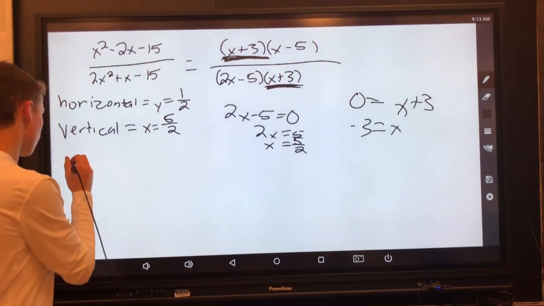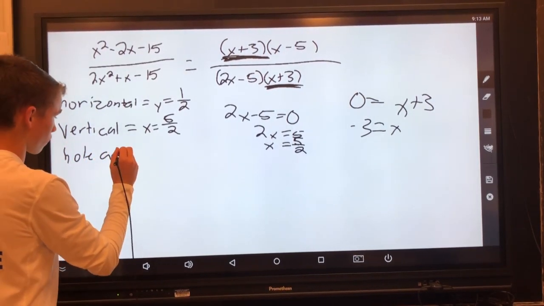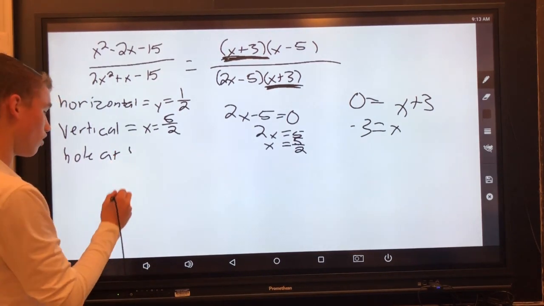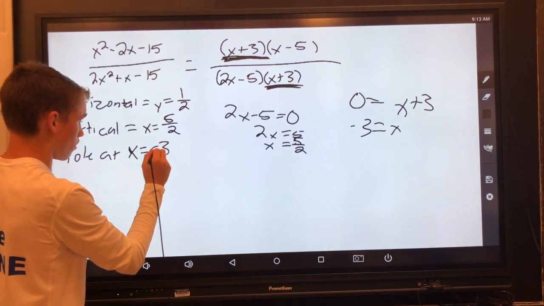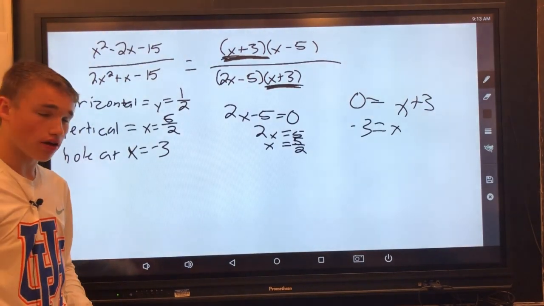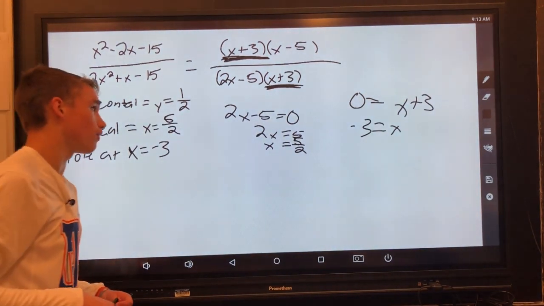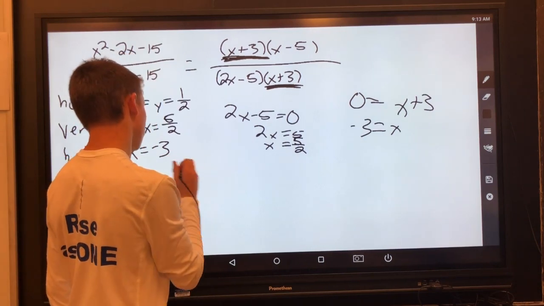Now what happens here is that it's not an asymptote, it just is a location where the equation is undefined. Let me show you how. Let's take these and plug in negative 3 for x.